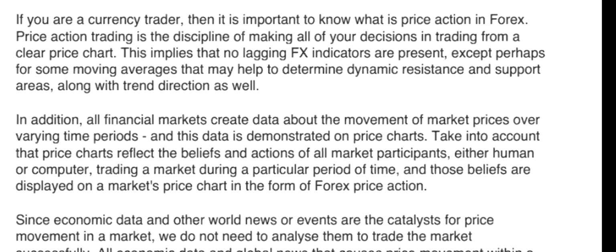Okay, the key word under price action is that all your decisions should be based on a clear price chart. What do we understand by that? A clear price chart, can you make an example? A clear price chart, what does it mean?